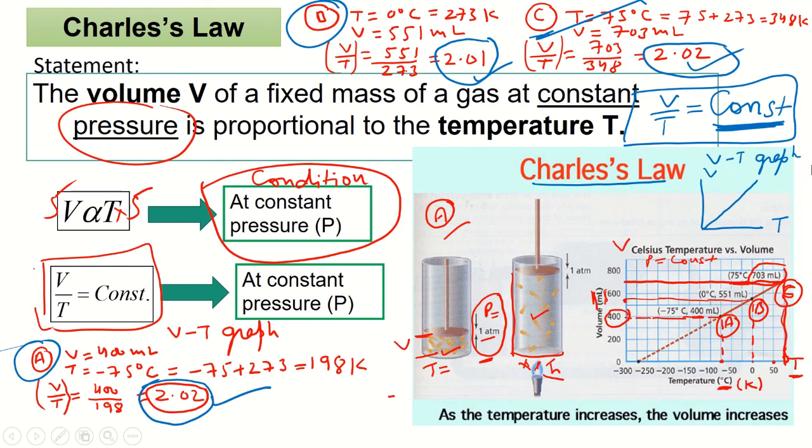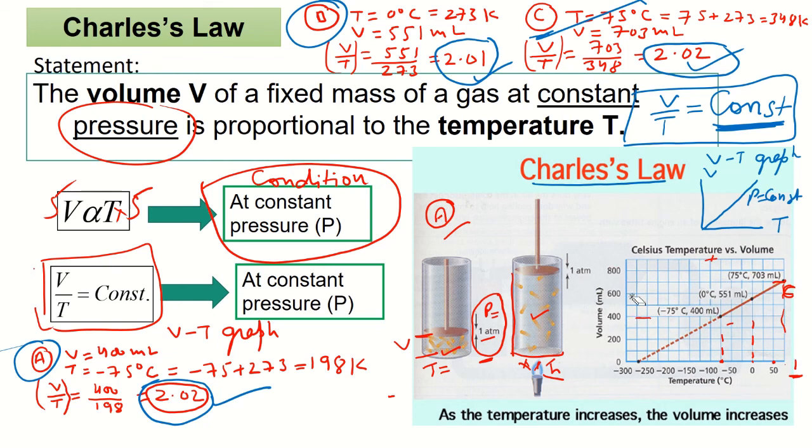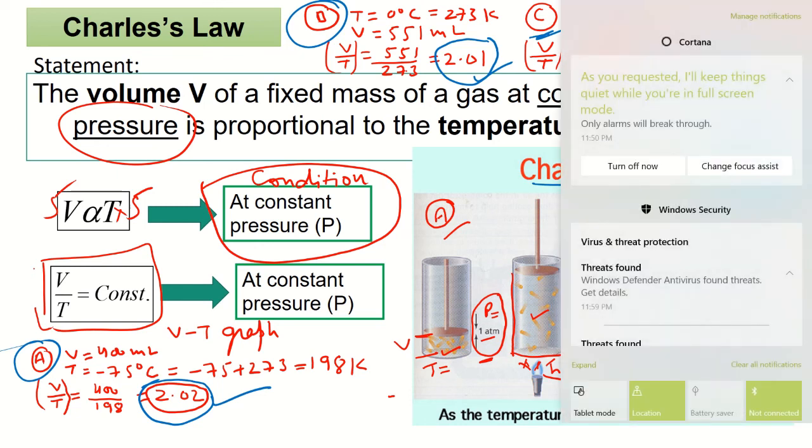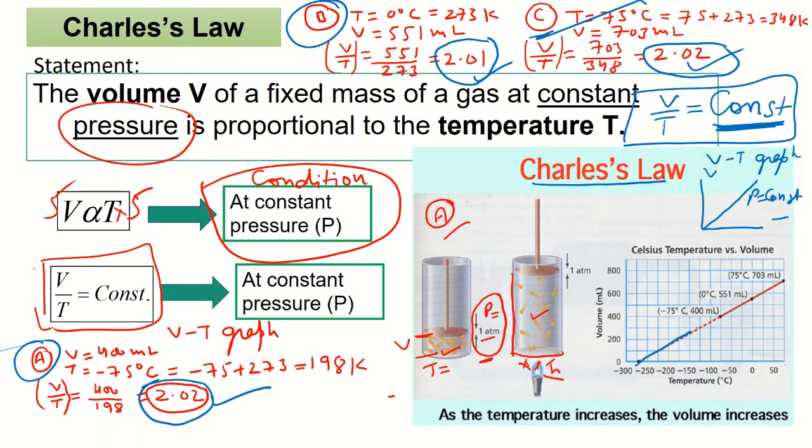But whenever you are drawing this graph, you have to write that the pressure is constant, like the graph which is given here. In this graph, this is a graph between the volume and the temperature, and you can see the shape of the graph is always like this, never away from this.